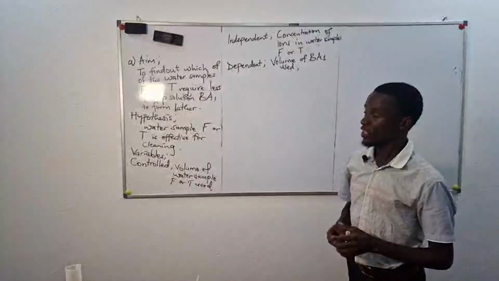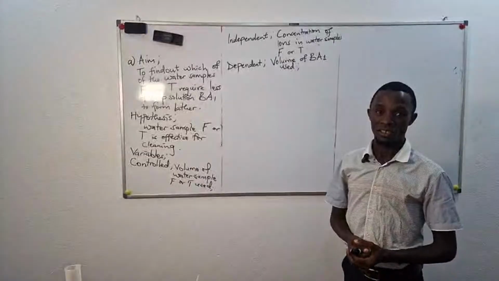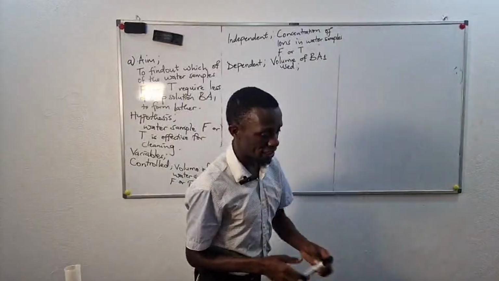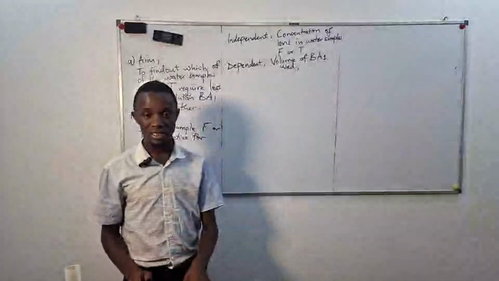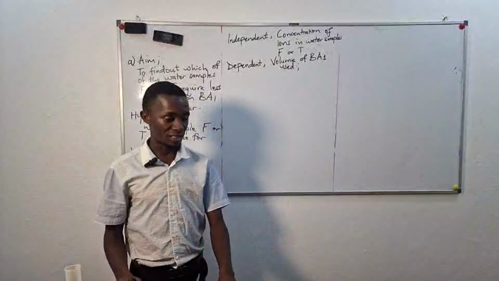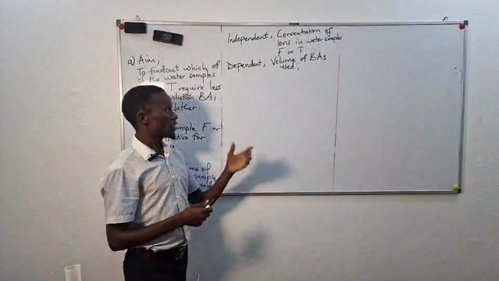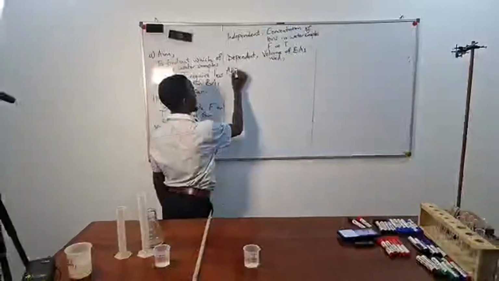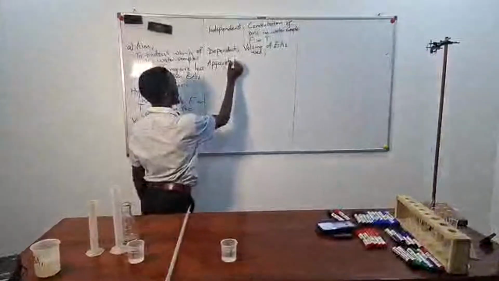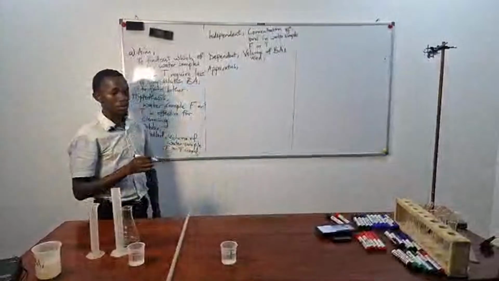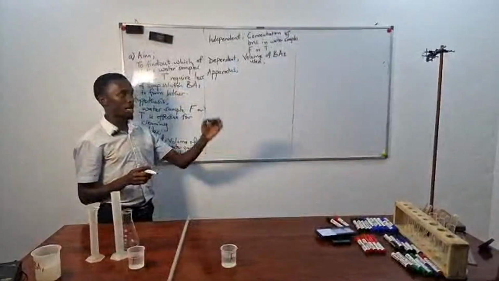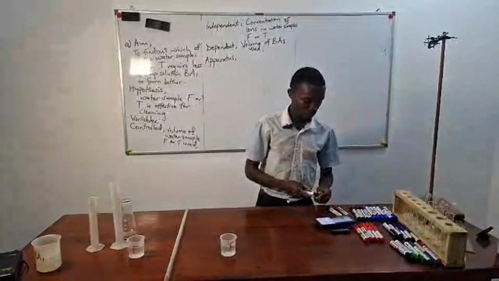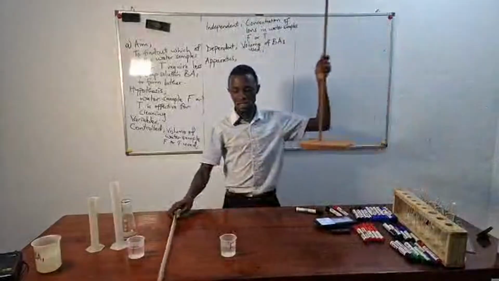At the start of the video, I explained the theory. So this kind of a practical, I'm going to try to narrate it as we get the apparatus and the materials we need. For this kind of practicals, we shall always suspend a burette on a retort stand. So we shall always have a retort stand well suspended.